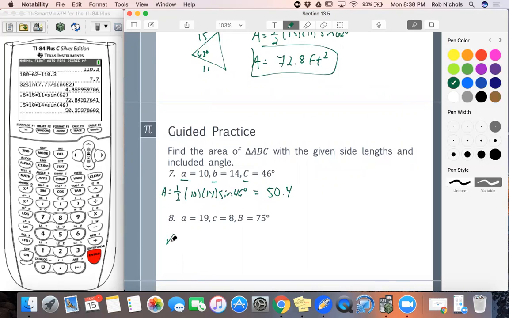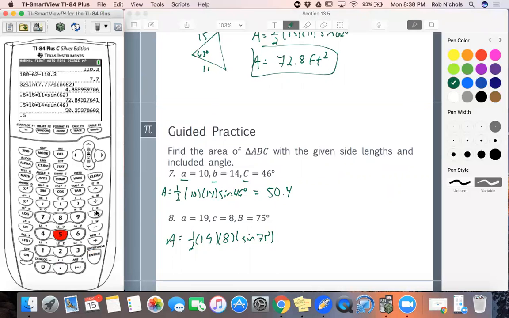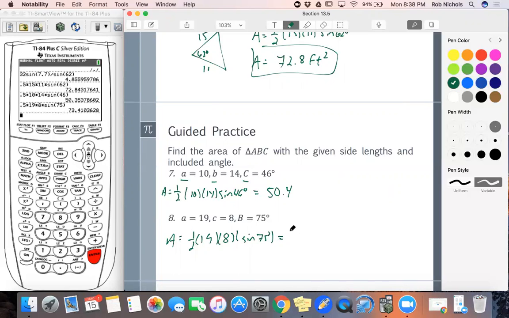All right, A equals 1/2 times 19 times 8 times the sine of 75 degrees. 0.5 times 19 times 8 times the sine of 75. So this area here equals 73.4.